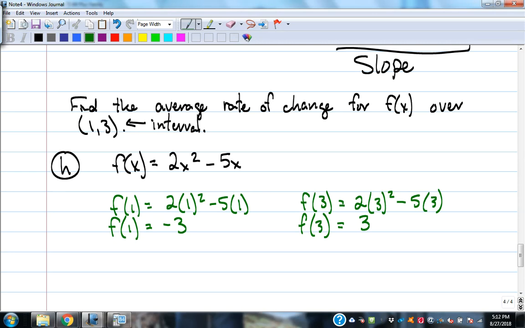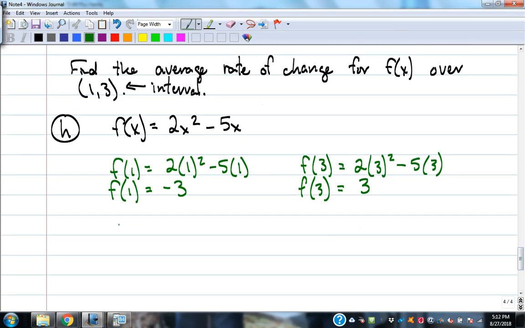We have 2 ordered pairs. We can take that and find the slope. Remember, slope is take the y values and subtract them, y2 minus y1. Take the x values, x2 minus x1, and subtract them. It doesn't matter which y value you start with. Pick one. I'm going to pick the +3. And then I'm subtracting the y value from the other one, so -3.